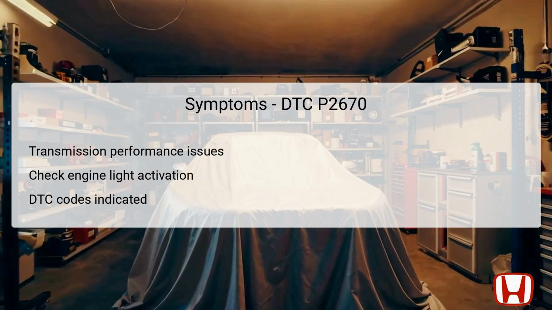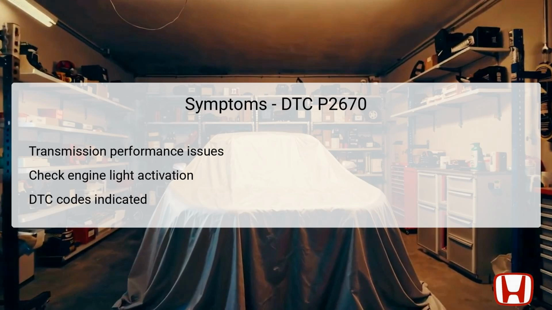When DTC P2670 is active, it can manifest a variety of symptoms affecting vehicle performance. You may notice transmission performance issues, such as delayed or erratic shifting. This can diminish the driving experience and may even pose safety risks.